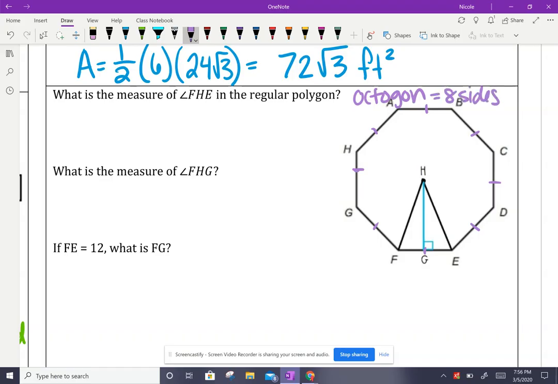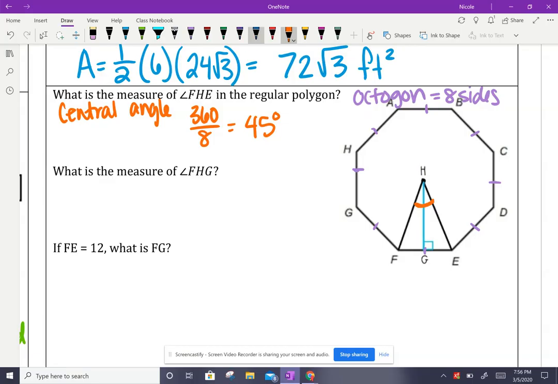Then it asks us, what is the measure of angle FHE? FHE is our central angle. So we're going to take 360 degrees and divide it by 8, and that gives us 45 degrees. So it's 45 here at the top.